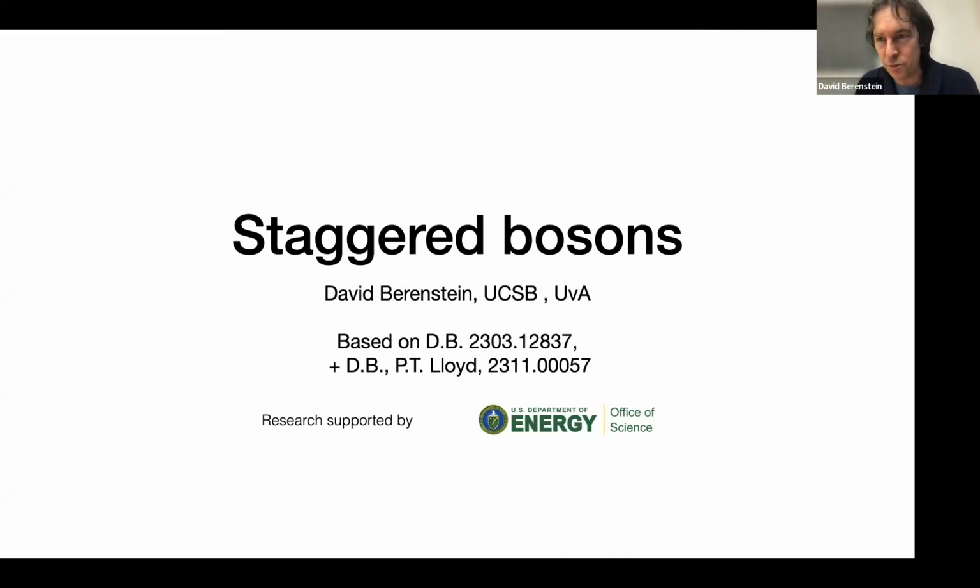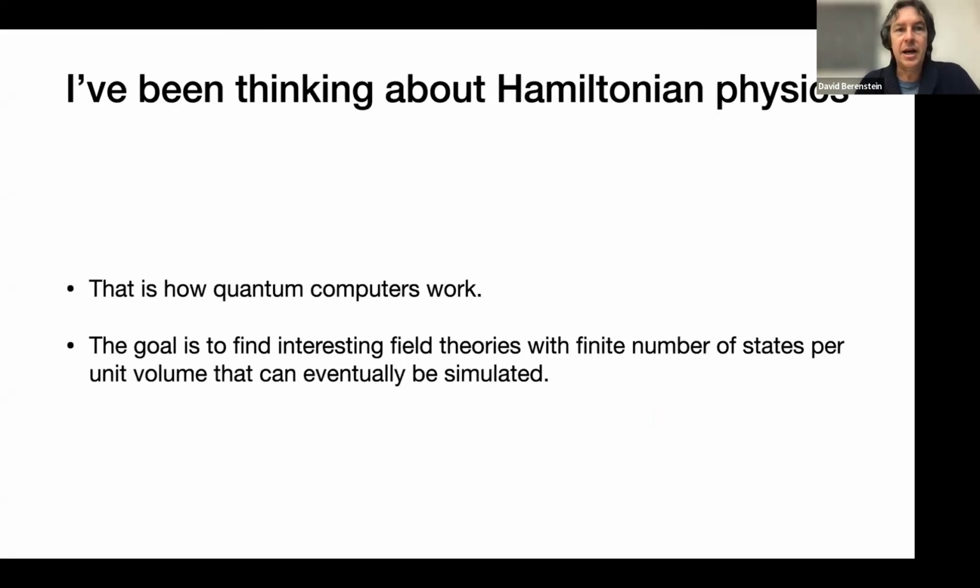And let me tell you where this started from. So I've been thinking about Hamiltonian physics, and the reason is that this is how quantum computers work. And I have been researching a little bit about how to put field theories on quantum computers.